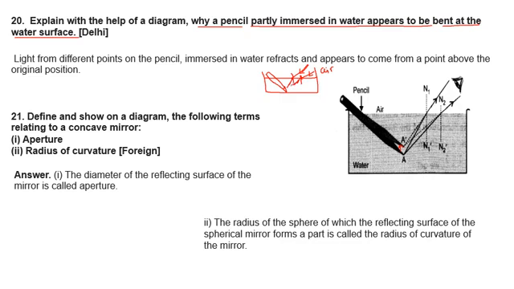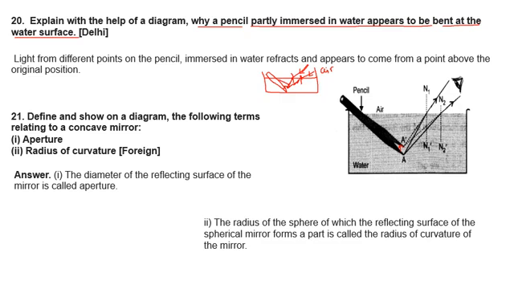Wherever these rays meet, over there we are going to see the pencil. So this pencil is the image of the pencil that we are seeing. It is just above the original pencil, right?